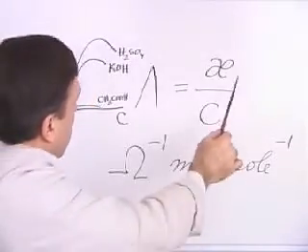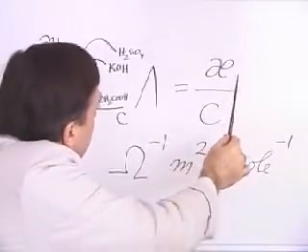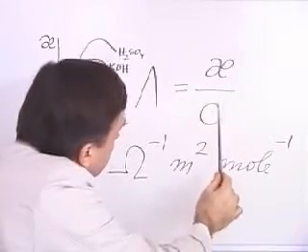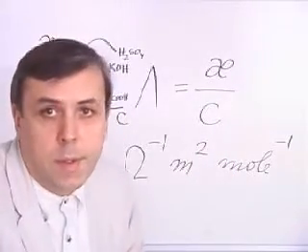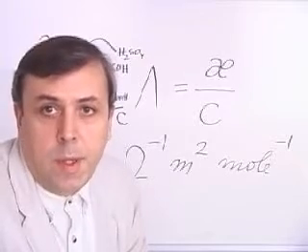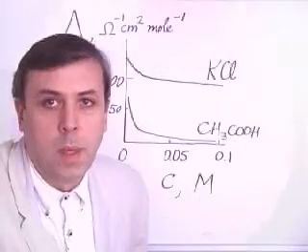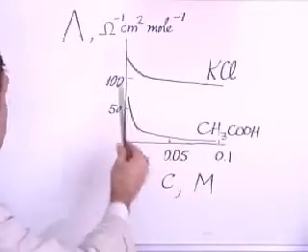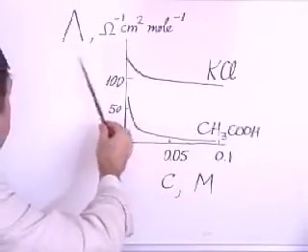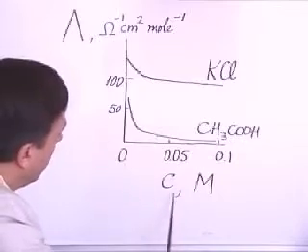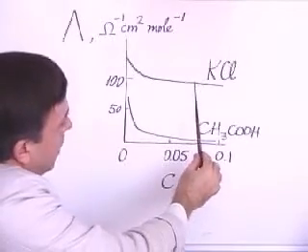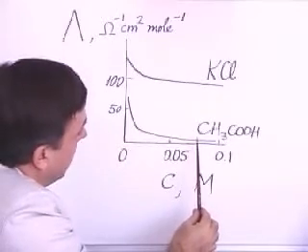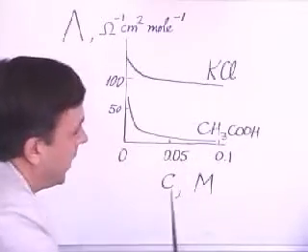Therefore, the normalization of this electrolytic conductivity by dividing it by the concentration still doesn't yield a quantity of constant value. Here, in this figure, we see schematically depicted the variation of the molar conductivity with concentration in two typical cases, one of a strong electrolyte, potassium chloride, and another of a weak electrolyte, acetic acid.